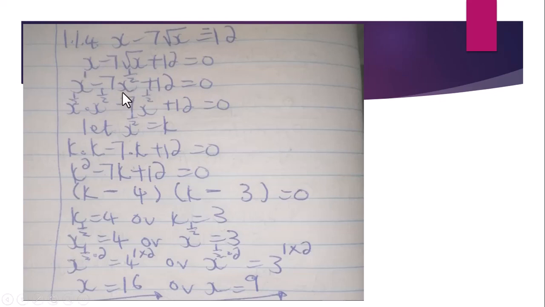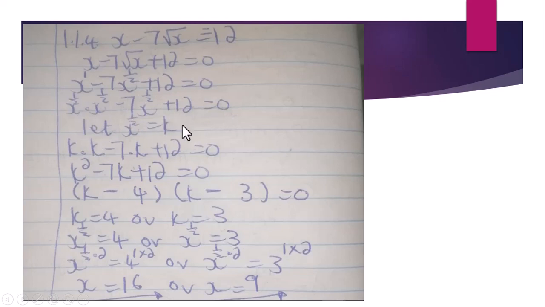And then once we did that, now this is x to the exponent of 1/2, and you have a 1 there, and I want to create identical exponents of x. So I know 1 is the same as 1/2 plus 1/2, and when I multiply, I add, and 1/2 and 1/2 will give you a whole. Minus 7x to the 1/2 plus 12 equals to 0.